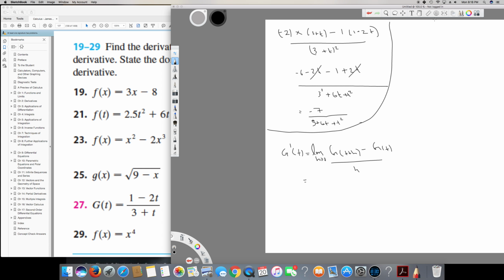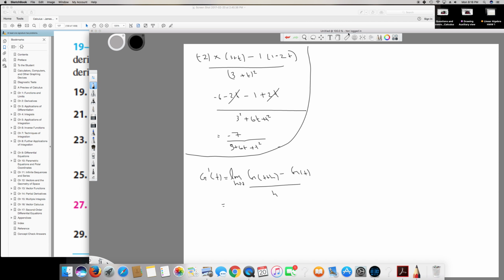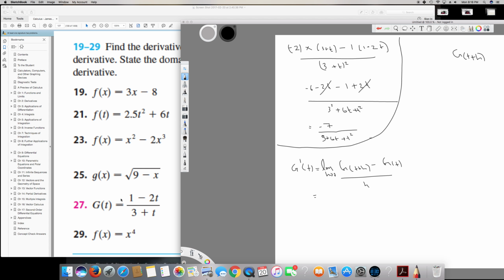First of all I'm going to find g of t plus h separately. All we have to do is grab the same formula right here, and instead of t I'm going to apply t plus h.